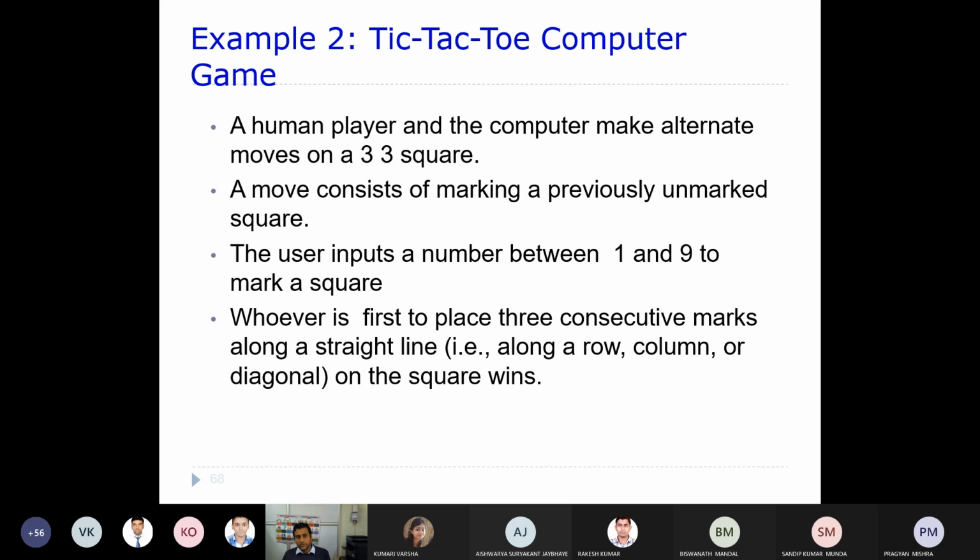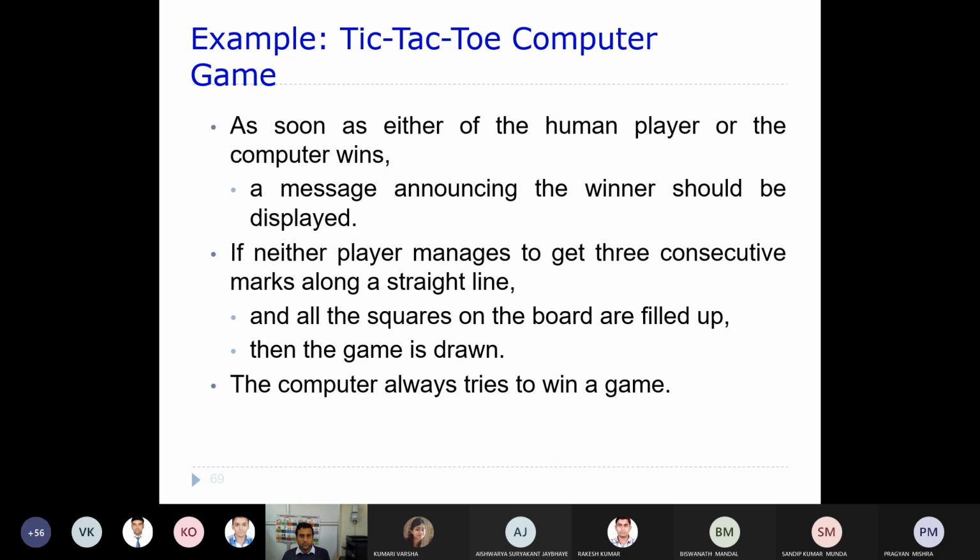There will be a game between two players, right? You have to place marks in such a way that there are 3 consecutive marks along a straight line, along a row or along a column. You understand, right? Tic-tac-toe game. Whoever does that is going to win the match. Alternately, the players will be giving moves, right?